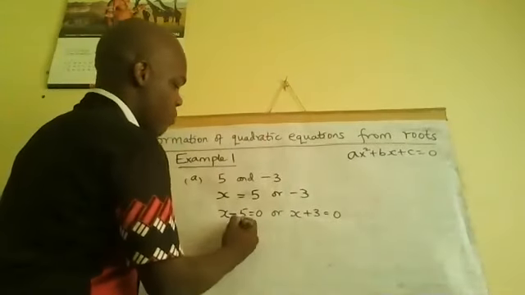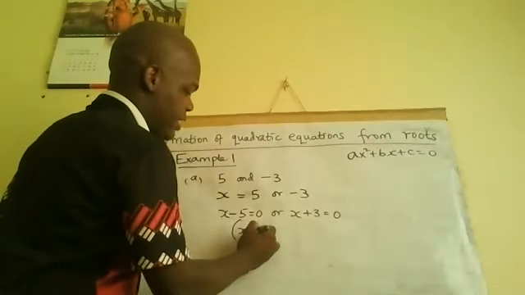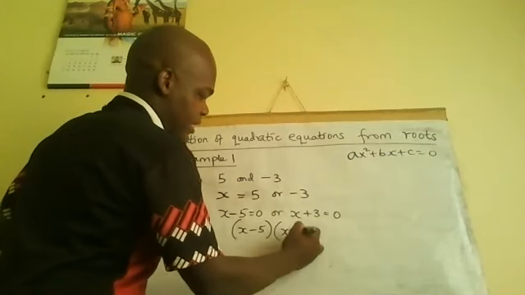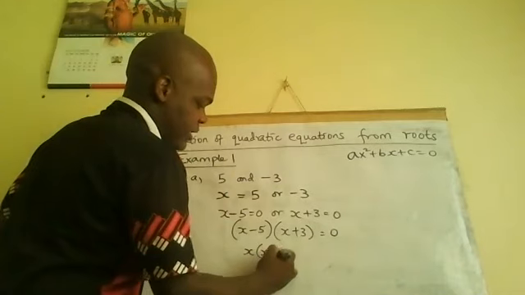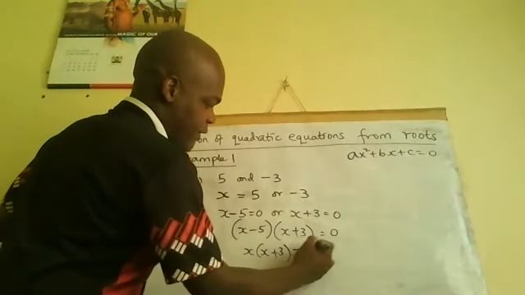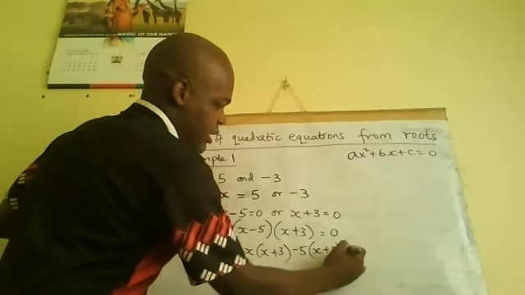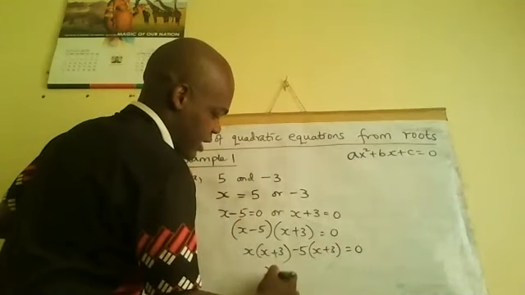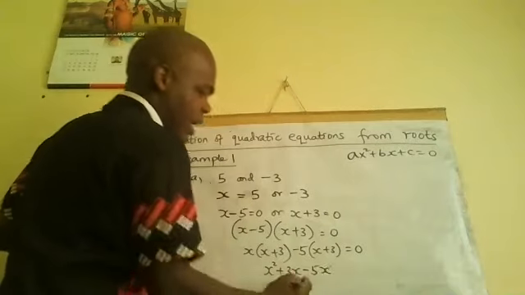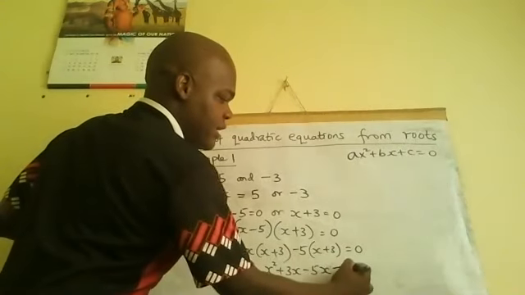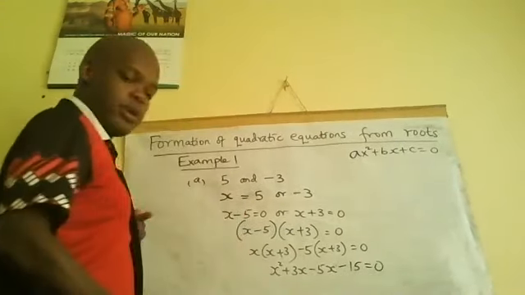Then we multiply. x minus 5 into x plus 3 is equal to 0. So this is x into x plus 3, minus 5 into x plus 3 is equal to 0. So this is x squared plus 3x minus 5x minus 15 is equal to 0.